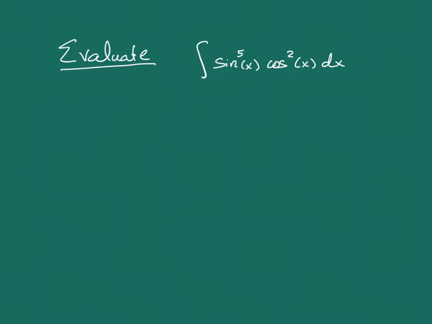So suppose that somebody asks us to evaluate the integral of sine to the fifth times cosine squared. Okay, so what we're seeing here is, we've got a product of sines and cosines. And so good things to keep in mind are our derivative formulas for our sine and cosine.